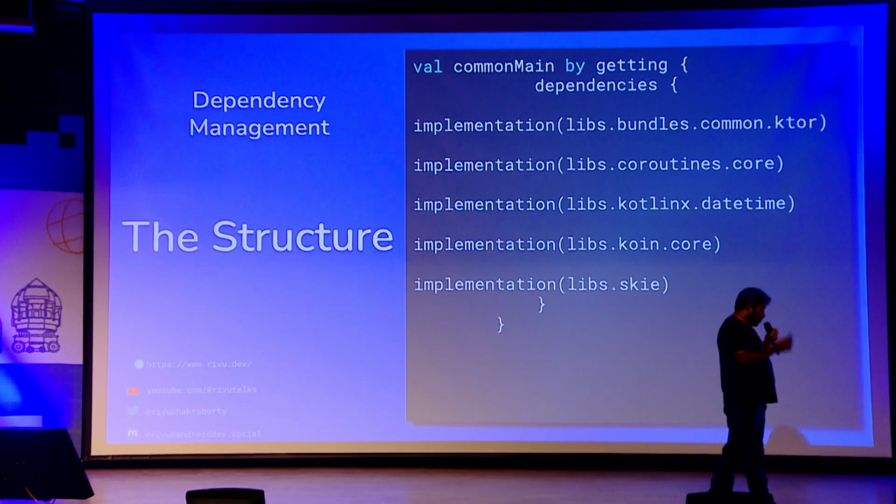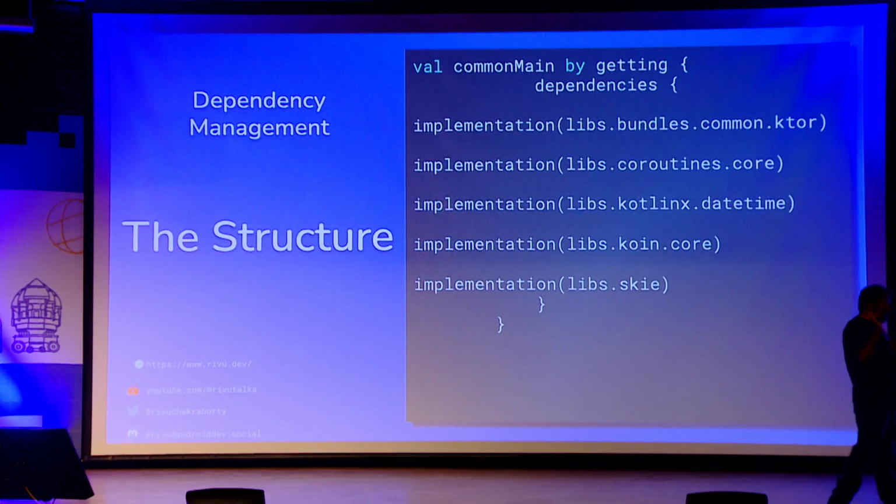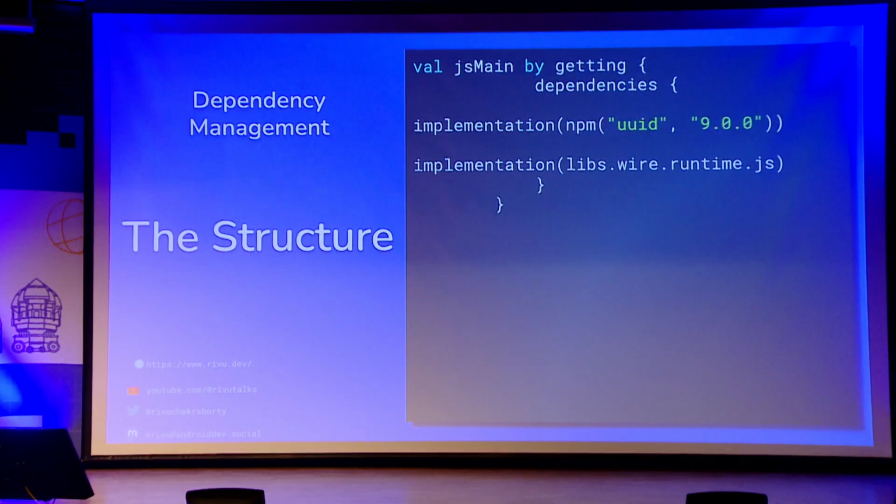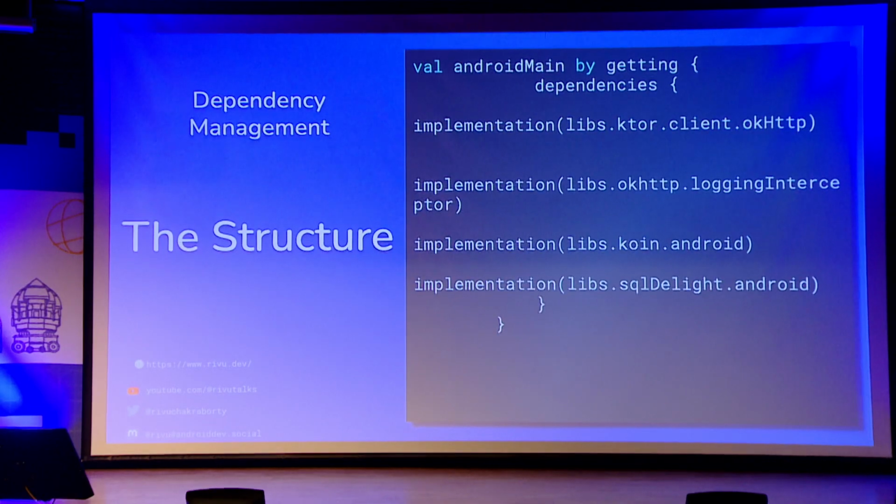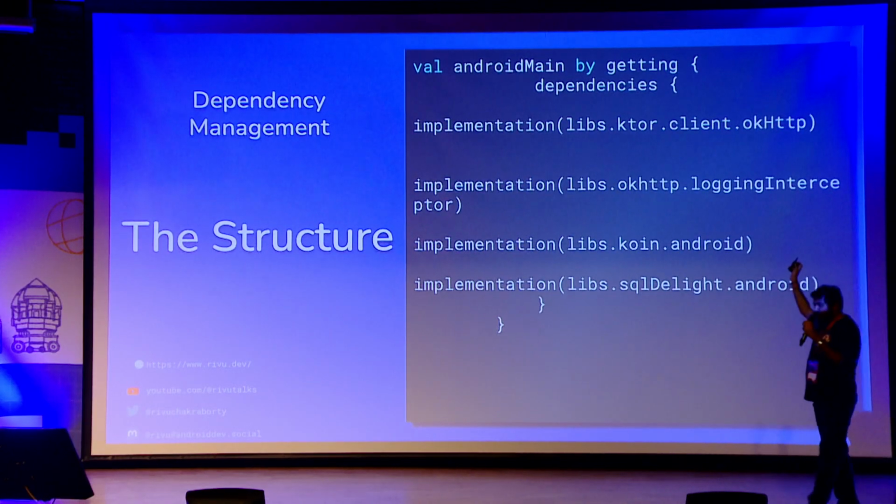And talking about dependencies, this is how you add dependencies. And here, I have the NPM dependency in jsMain. So, as I said, version 9 I am using. And in androidMain, as you can see, I am using OkHttp.